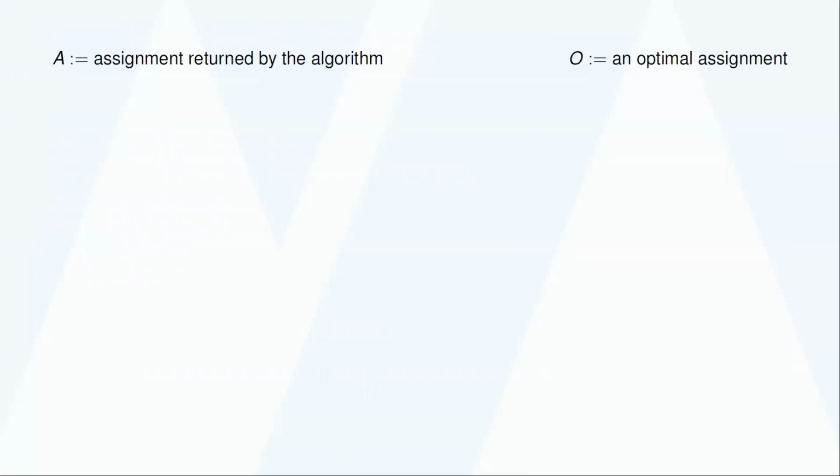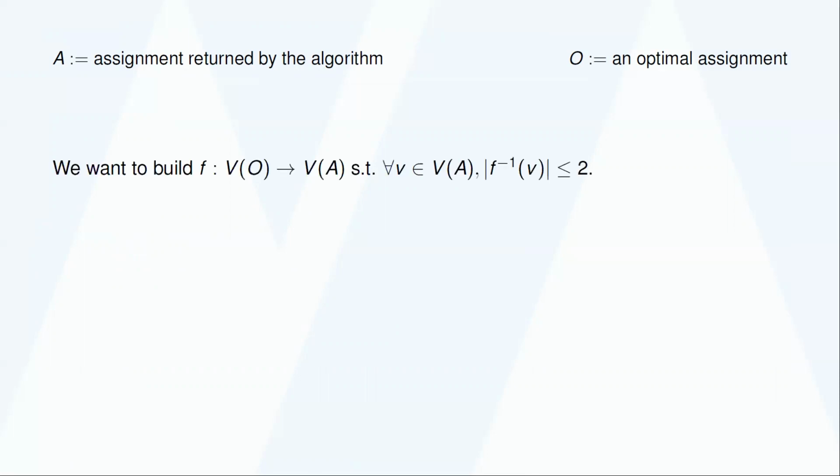So you take the assignment returned by the algorithm, we call it A. O is the optimal solution of the problem. And the goal is to build a function between the vertices covered by the optimal solution and the vertices covered by the algorithm, such that there is no vertex covered by the approximation solution that is touched more than twice by a vertex covered by the optimal solution.